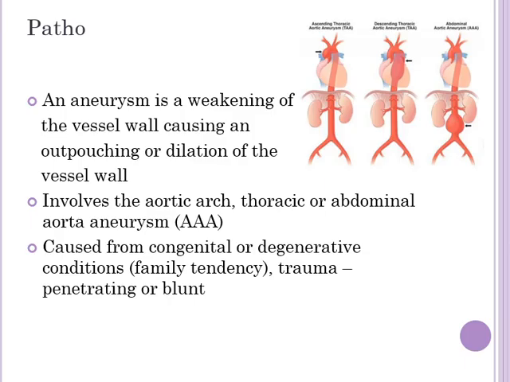Your aneurysms involve the aortic arch, the thoracic or the abdominal aortic aneurysm. So AAAs, if you have somebody who's had a AAA repair or has a AAA, can be congenital or degenerative conditions. It does tend to run in families and is certainly related to trauma, penetrating trauma, which is something like you got impaled by something, or blunt trauma. MVC is what's considered blunt trauma, so they can develop an aneurysm there.